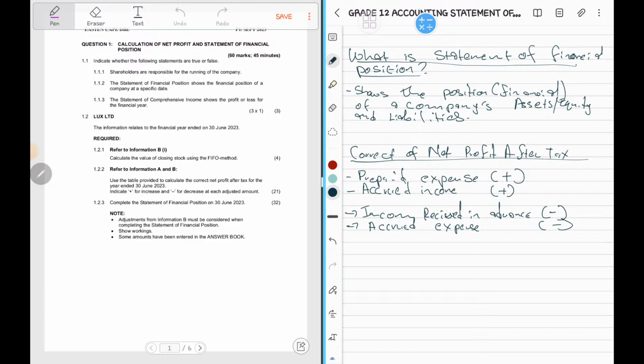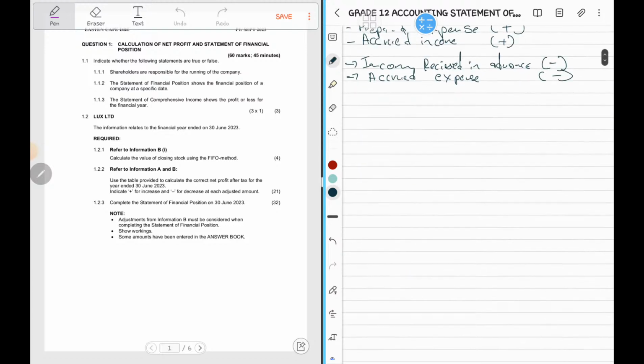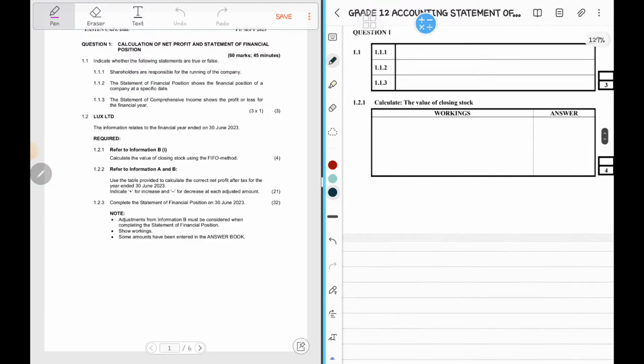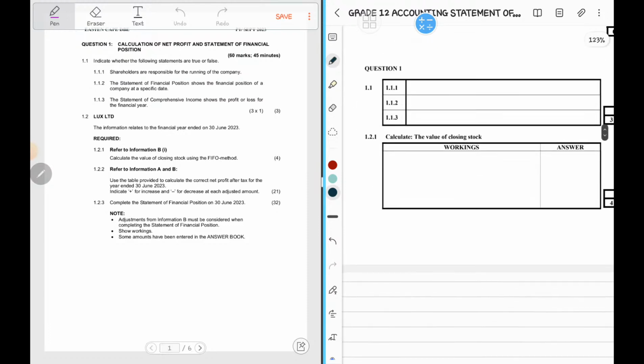So the income received in advance and accrued expense decrease the profit, while the prepaid expense and the accrued income increase the profit. Then other ones, you'll treat them like you normally do when you prepare the statement of comprehensive income. Okay, so let's start by going through the theory question.